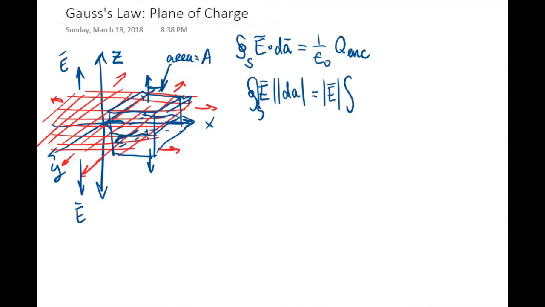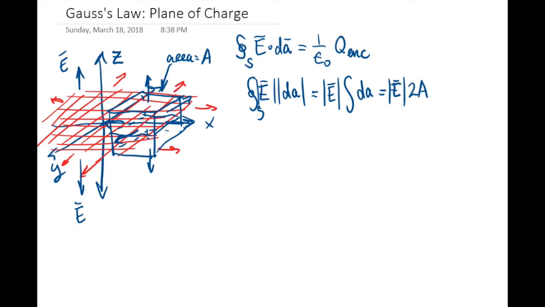And that's actually no longer a closed surface. It's just going to be the top and bottom. And since we decided the area of each side of the cube is A, the area of the top and the bottom will be 2A. So the left-hand side of Gauss's law says that the electric field times 2A is equal to 1 over epsilon naught times the charge enclosed.